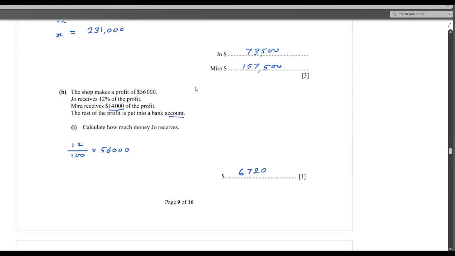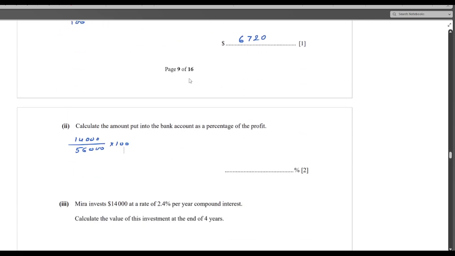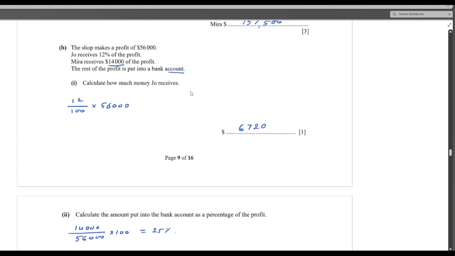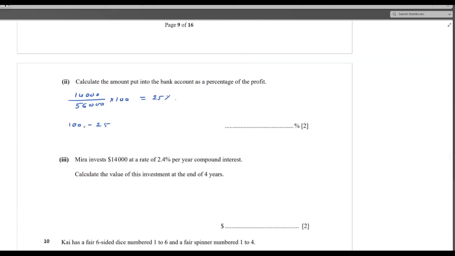So 14,000 divided by 56,000 times 100 comes out to 25%. So out of 100%, 25% is received by Mira, and 12% is received by Joe.